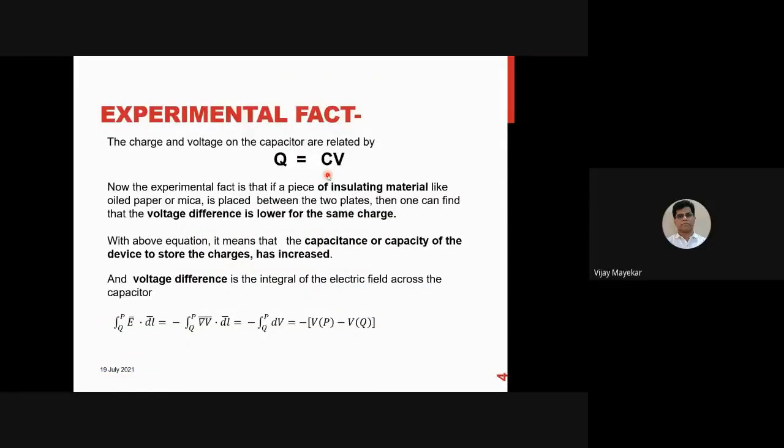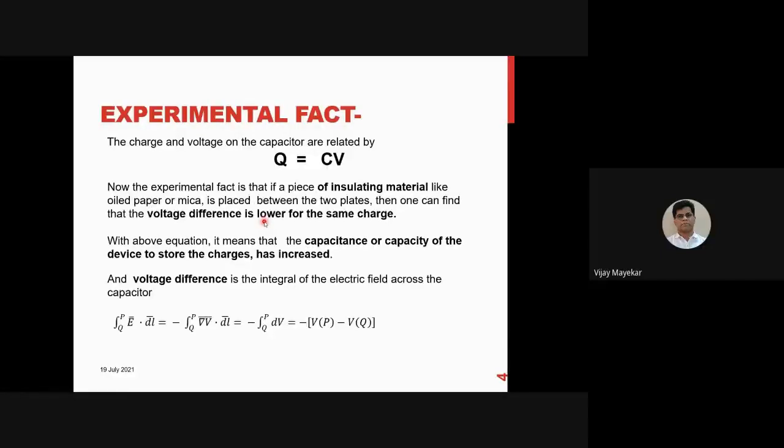Voltage difference basically depends on the charges. We know that. Now, for the same charge, we are getting a lower voltage difference. I'm talking about the parallel plates, the voltage difference between these two plates. As soon as the dielectric is inserted, the voltage difference goes down.